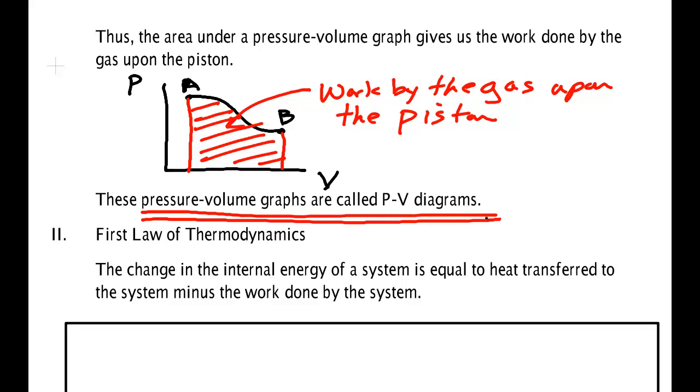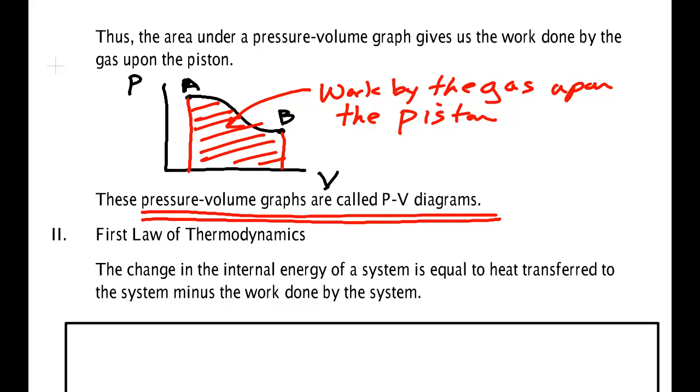So if we have a fixed N and we know P and V, then we'll know temperature because it's connected through the equation of state. If we have a fixed number of N, it's only necessary to plot P and V in order to determine everything else about the property.